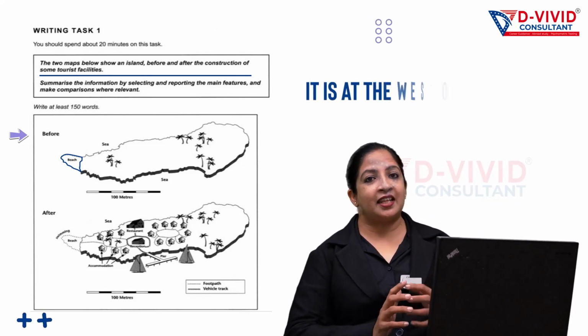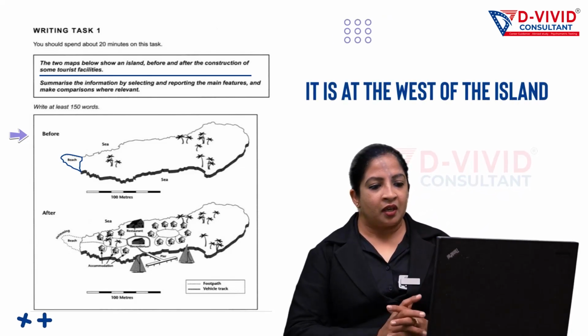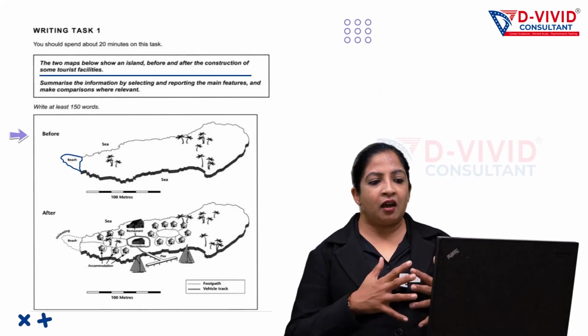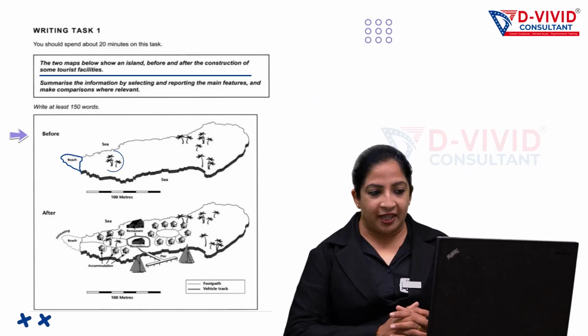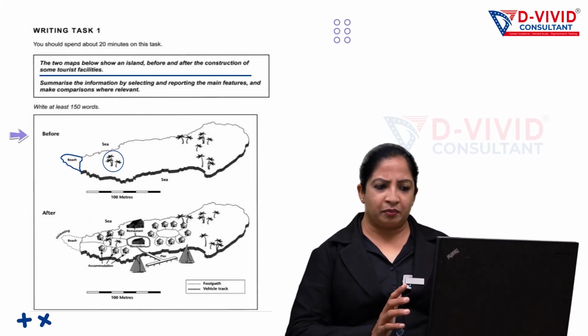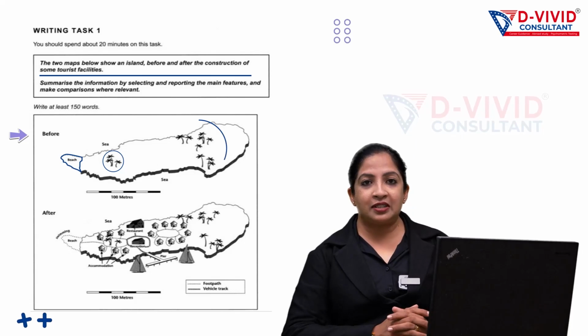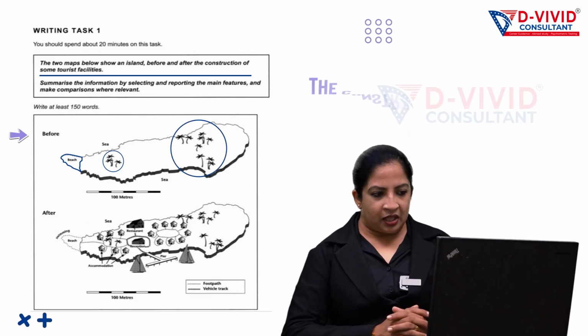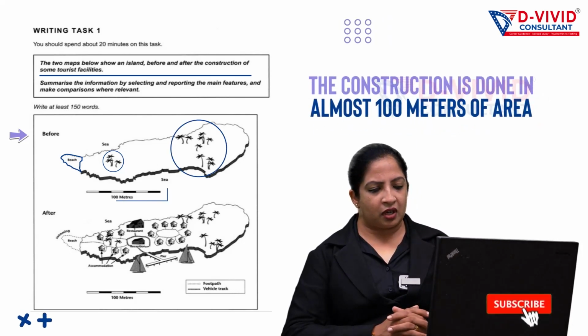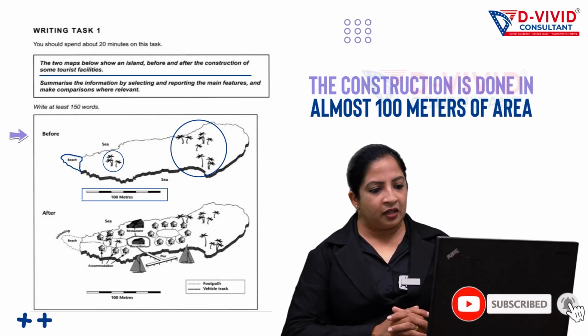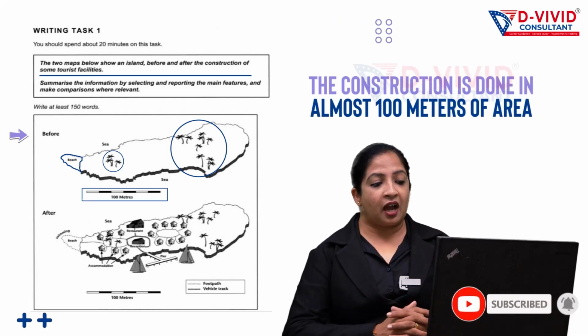Yes, it is at the west of the island. Apart from this, there are a few naturally grown trees which are again near the beach, and a couple more are towards the west.